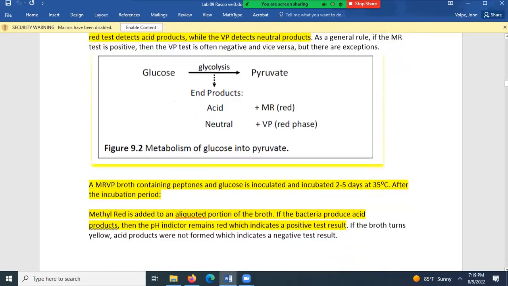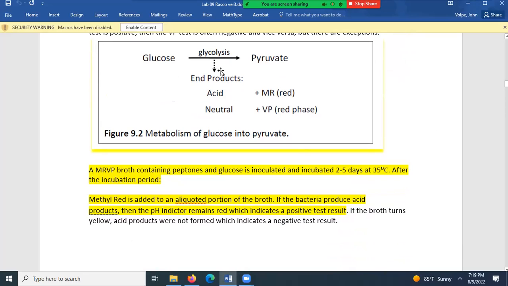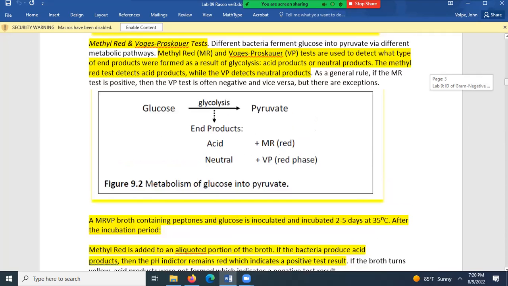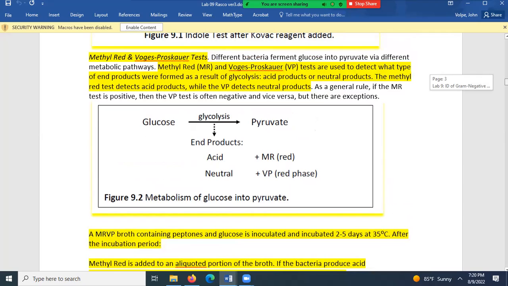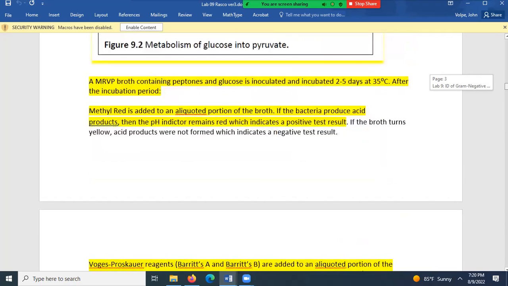So in glucose breakdown by glycolysis, if you make acid products in glycolysis, you can use the MR test to determine that acid has been produced. If a neutral product is made, which is, is it acetone?